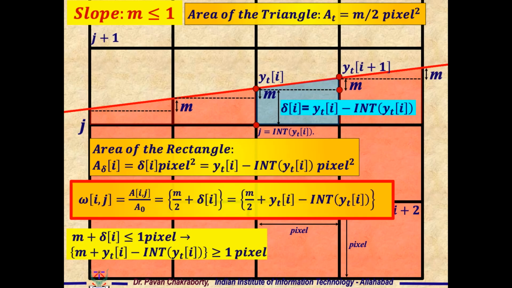But what happens when this m plus delta I becomes greater than 1?